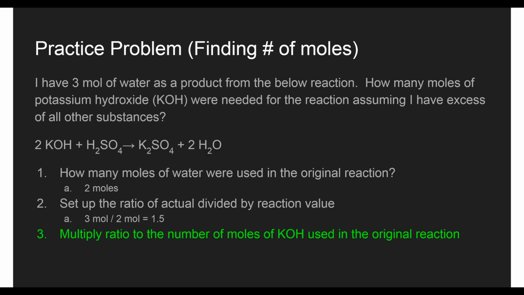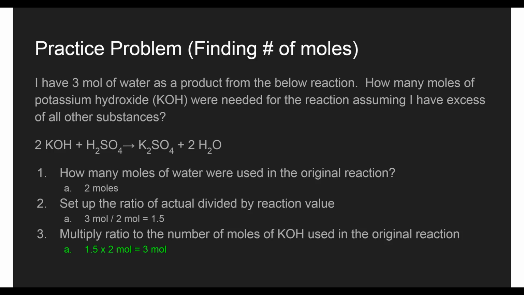Then we need to multiply that ratio by the number of moles of KOH used in the original reaction. We're not worried about the total mass because we're not looking for that. We're looking for the moles. Well, we originally used 2, so we take 1.5 and multiply by 2. That leaves us with 1.5 times 2 at 3 moles.